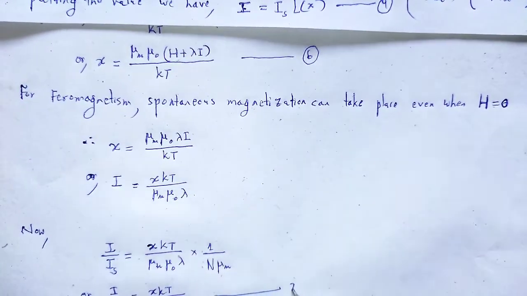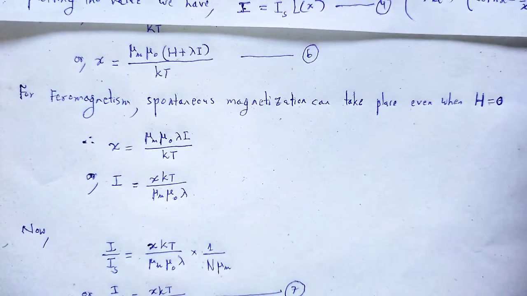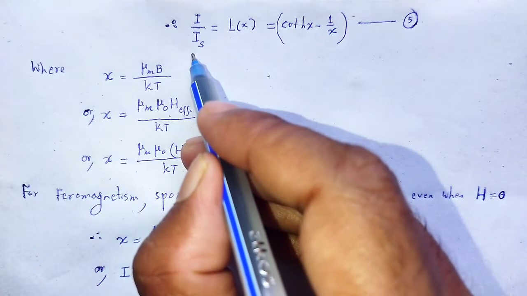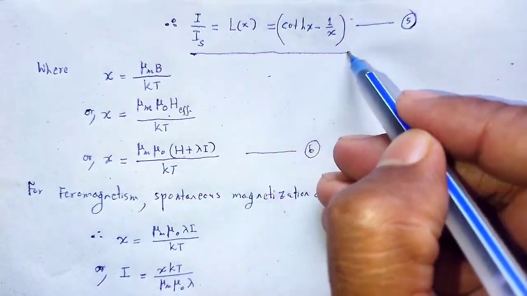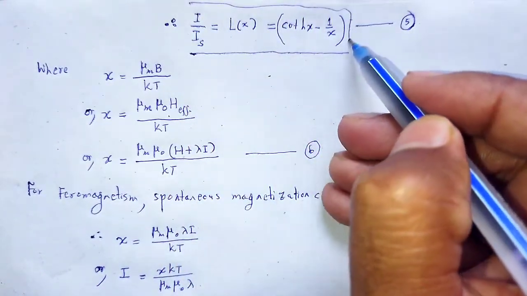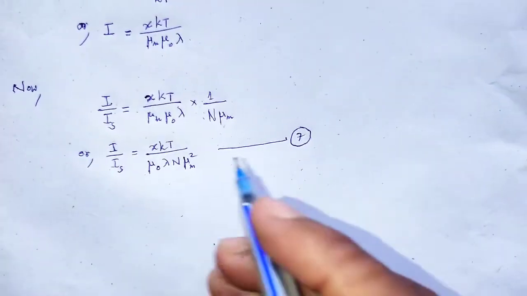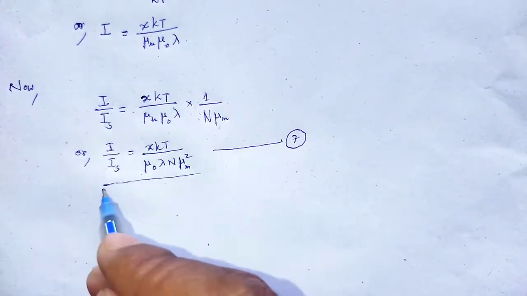Equation number 7. Look at it two ways. Here I by Is is equal to L of x, Langevin's function, and again I by Is is equal to that much.